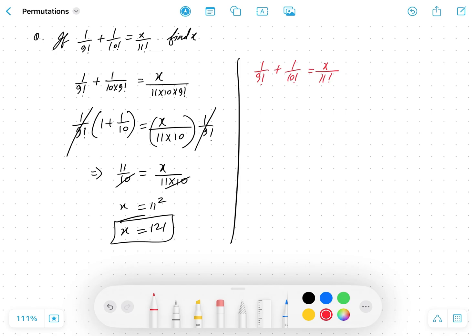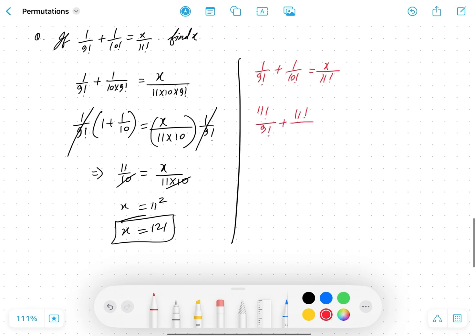So what we can do here is multiply both sides with 11 factorial: 11 factorial by 9 factorial plus 11 factorial by 10 factorial is equal to x by 11 factorial into 11 factorial. So that implies, what do we get here? What is the benefit of doing this?